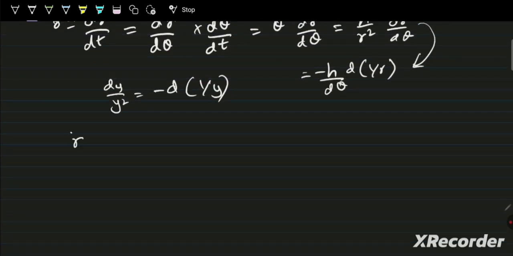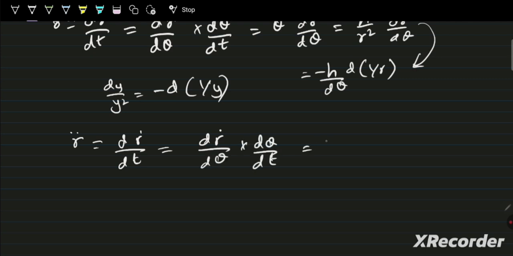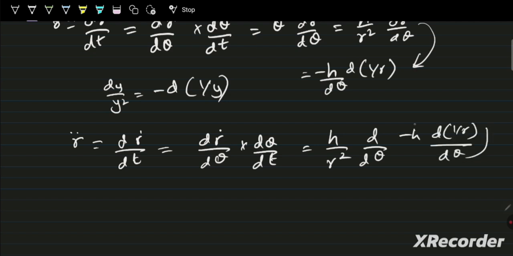Similarly, r double dot is written as d r dot by dt, which can be written as d r dot by d theta into d theta by dt. D theta by dt is h by r square. So r double dot is d by d theta of minus h d of 1 by r by d theta, times h by r square.